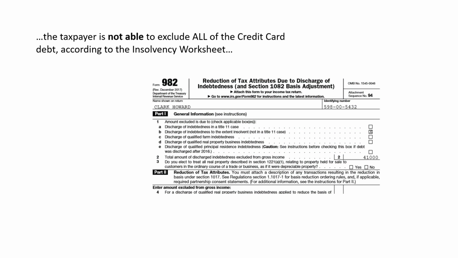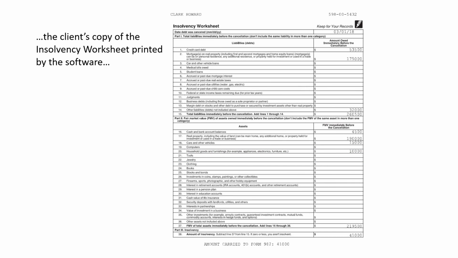Now, according to the insolvency worksheet, the taxpayer, Clark Howard, is not able to exclude all of the credit card debt, but he will be able to exclude $41,000. And here's what the client's copy of the insolvency worksheet looks like.